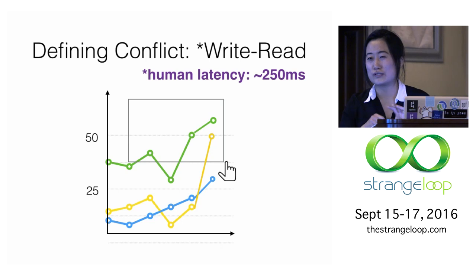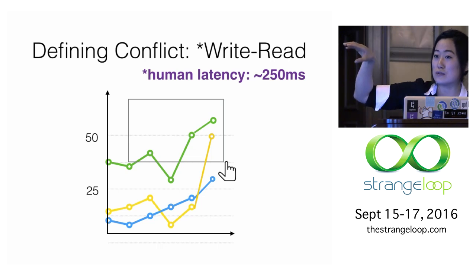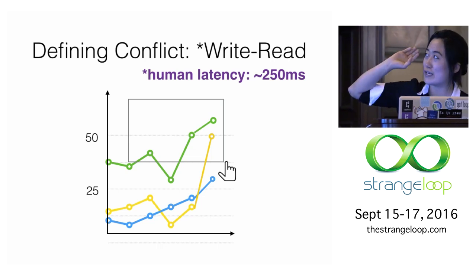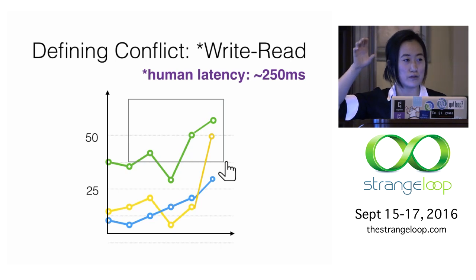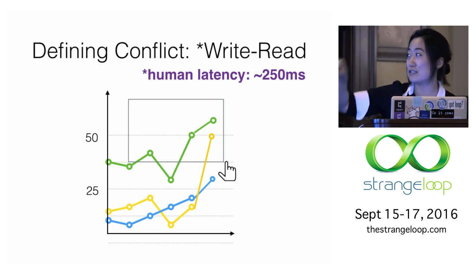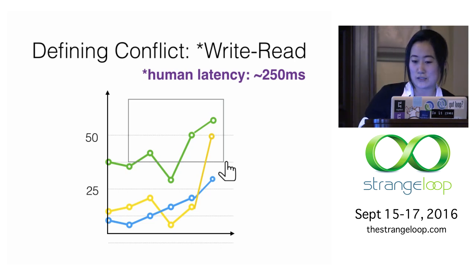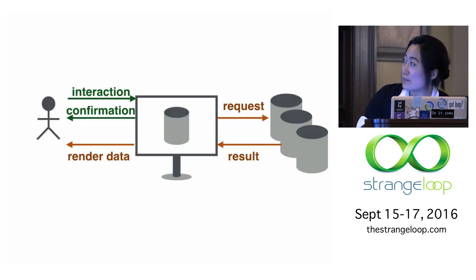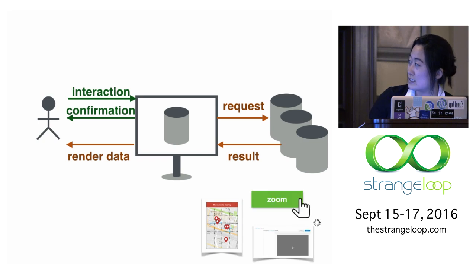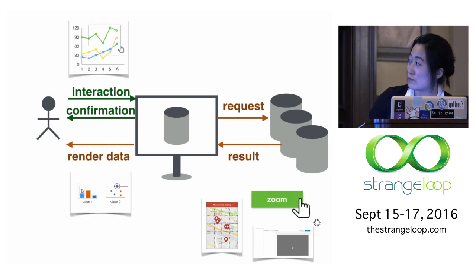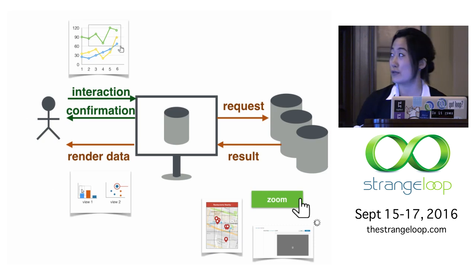You usually don't see this in systems as much, but it's an intrinsic part of what happens when you bring a human into the loop: we don't have a reaction time on the order of milliseconds. So when we decide to do something and things update during the period that we're performing this read, it's actually a conflict as well. Hopefully by now I've convinced you that using this framework, we can fit all these different anomalies we've seen before into this detection framework.